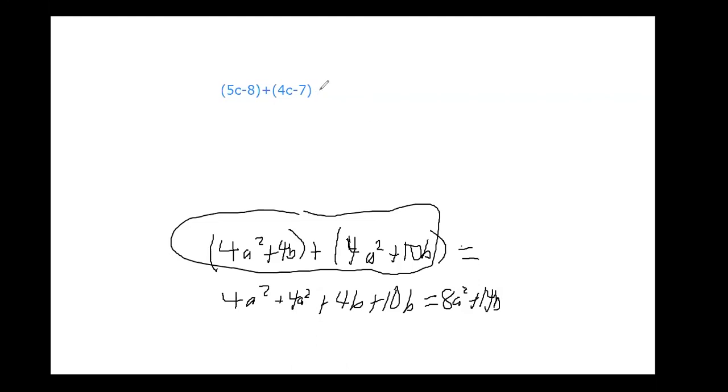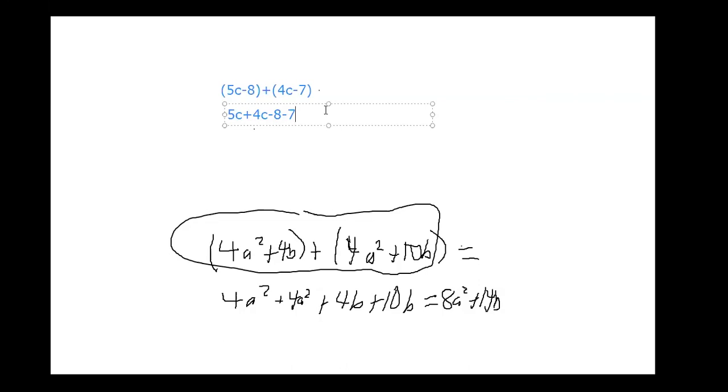Okay. Now on this one, let's do this. This one, we have just a plus in there, so we can go 5c plus 4c minus 8 plus, and then because it's a plus, minus 7.